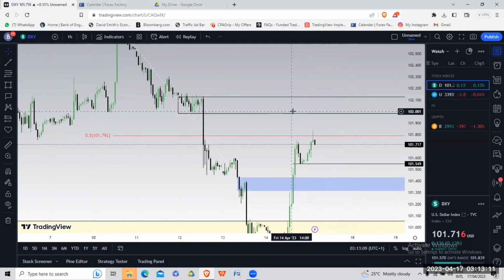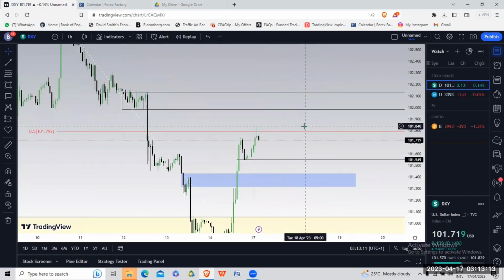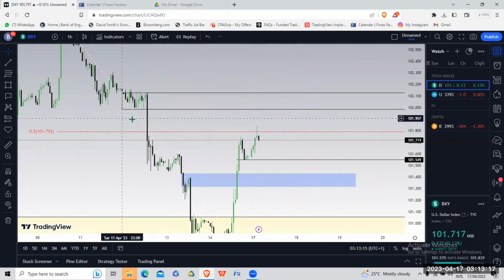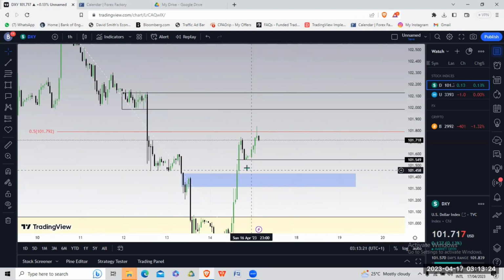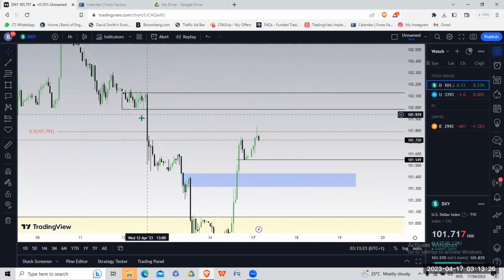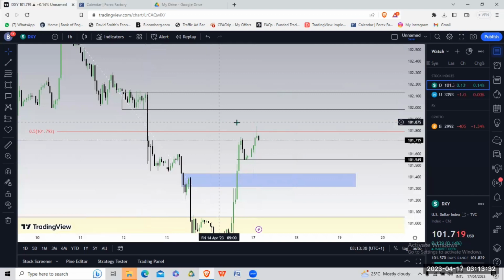But the most important thing is locating these important zones, right? You really don't need to know so much about order block and breaker block, being the fact that you understand the concept of FVG. You could draw your FVG from here to here, and you see how price is trying to respect the FVG.